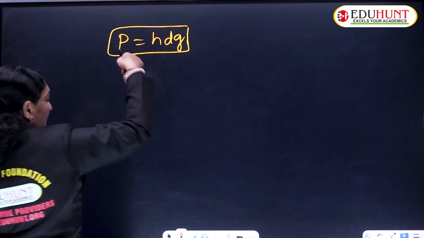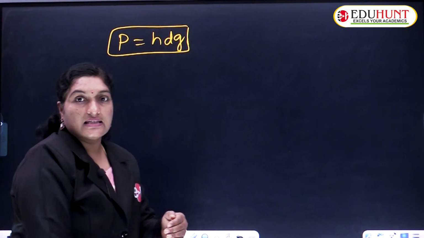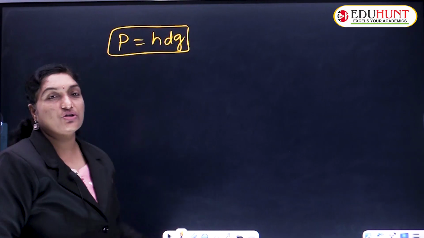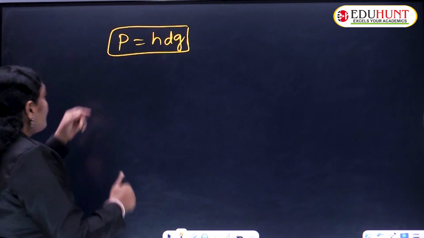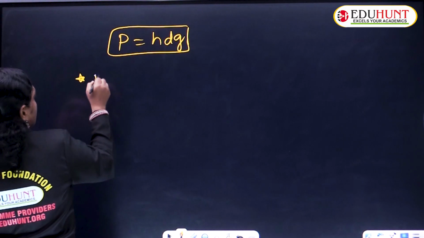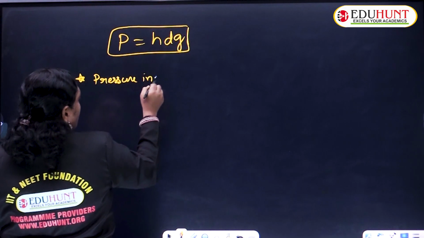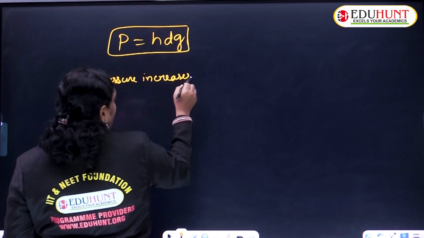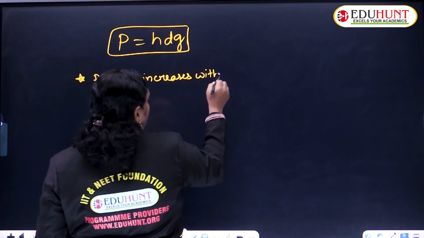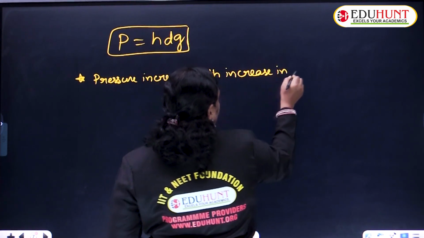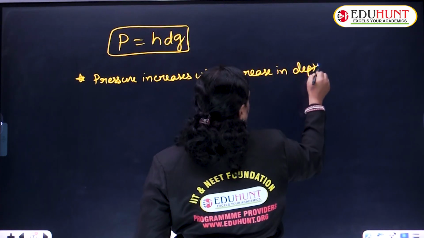As the depth of the liquid increases, pressure also increases, because pressure is directly proportional to H. So pressure increases with increase in depth of the liquid.